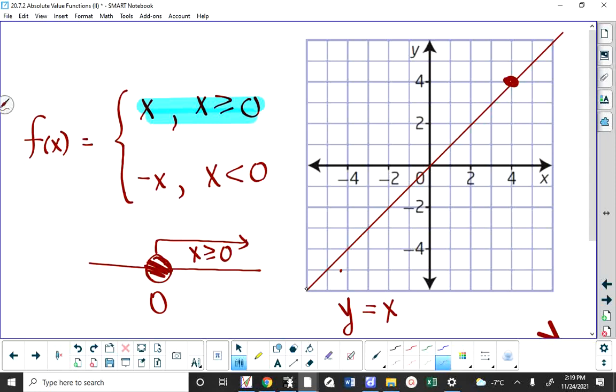Is this point a point where x is greater than or equal to 0? Yes. Is this point? Yes. Every point along this line from the origin up and to the right will be. Is this point part of the graph of the function? No.